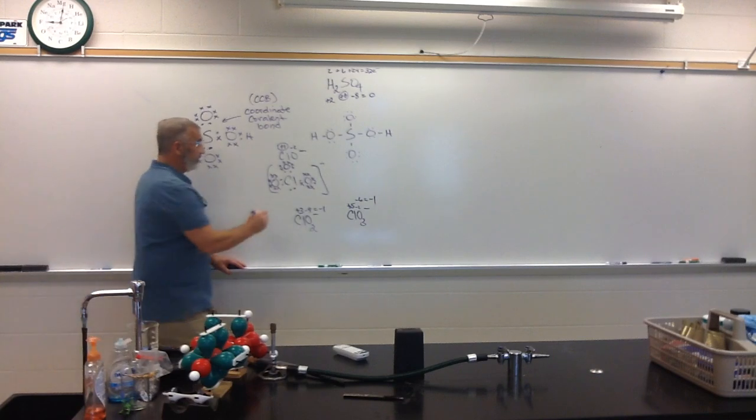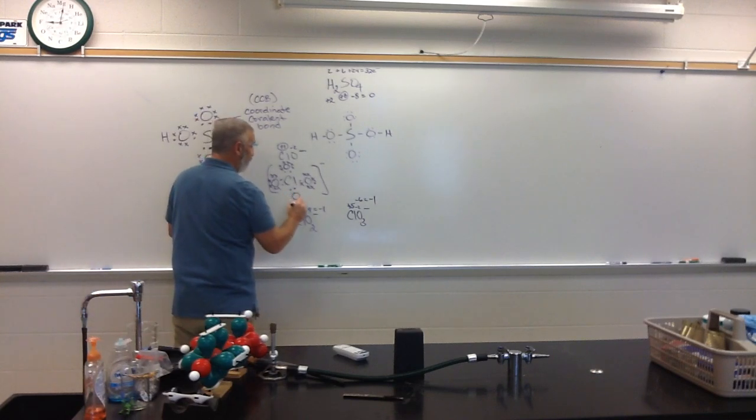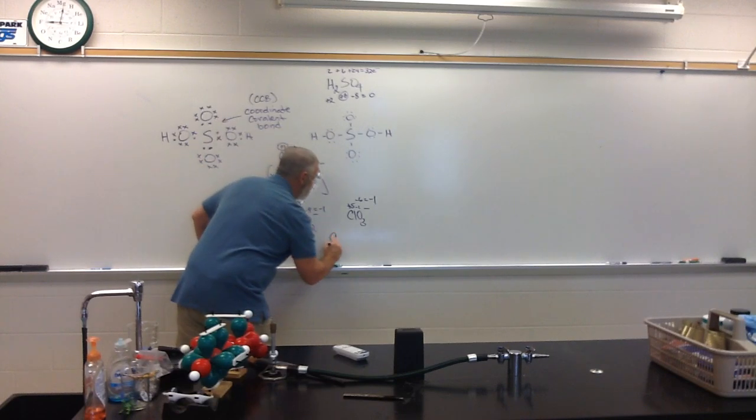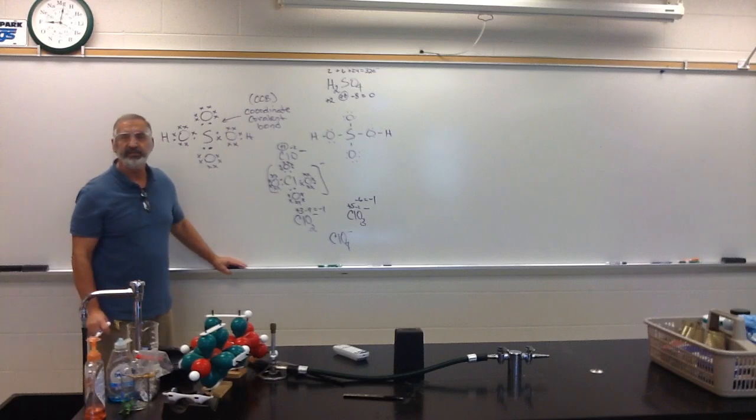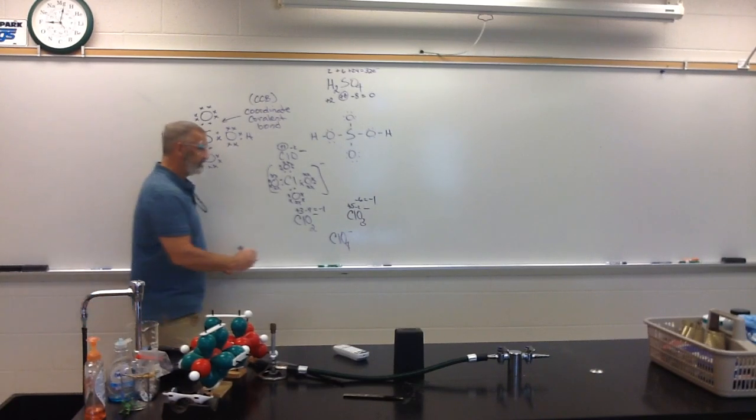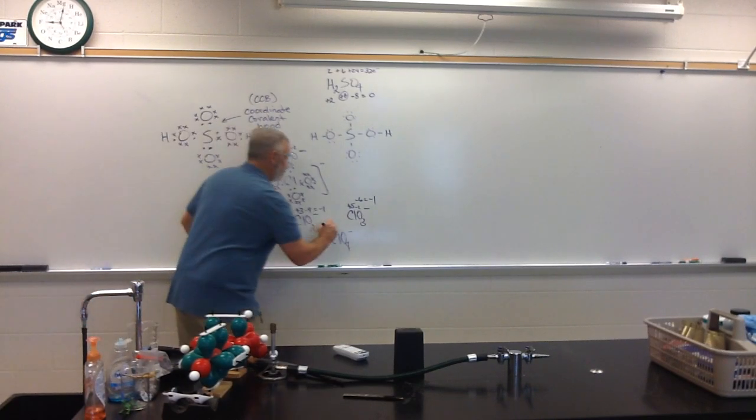And then finally, we go to ClO4-. So in ClO4-, what's the oxidation state of chlorine? +7. Because all 7 of its valence electrons are now involved in bonding.